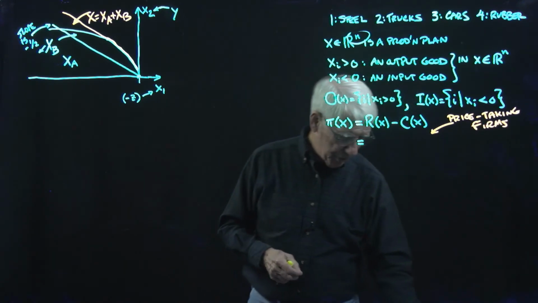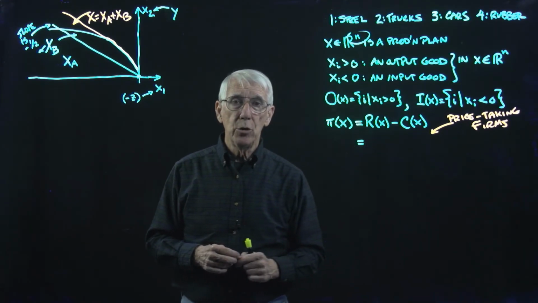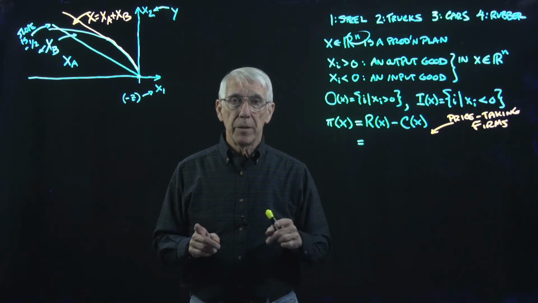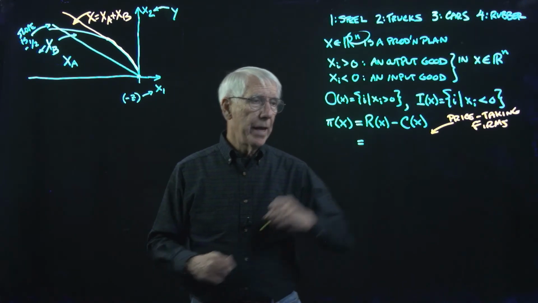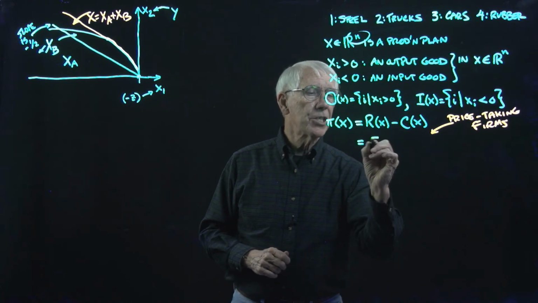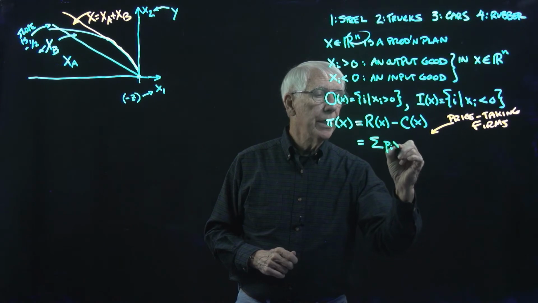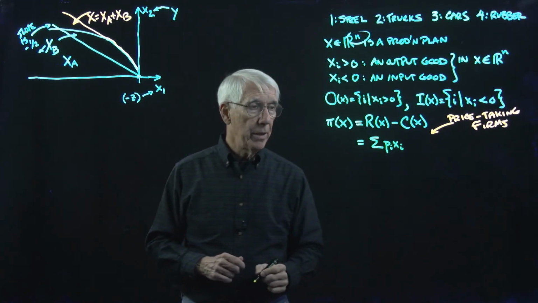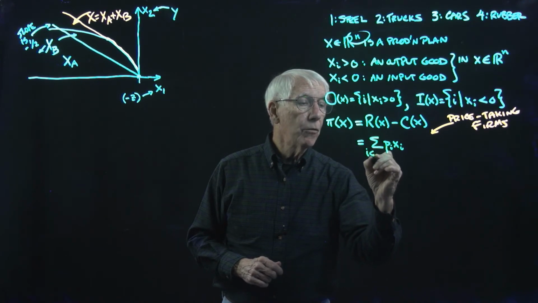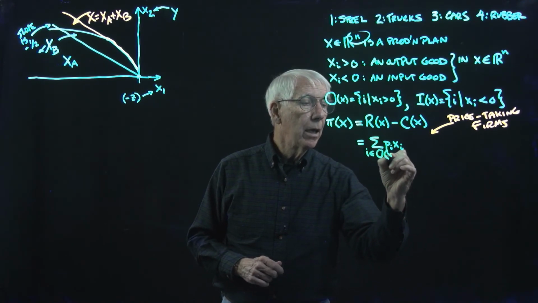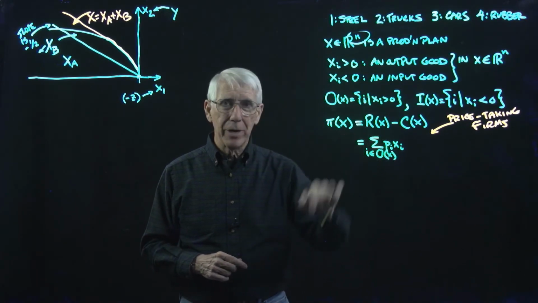By that I mean firms that take prices given, so the amount that they produce or the amount of input they use doesn't affect the price of the input or the particular output. And if that's the case, then revenue is going to be the sum of the price of each output good times the amount of each output good that is produced and sold, but I can only be adding here over the output goods.